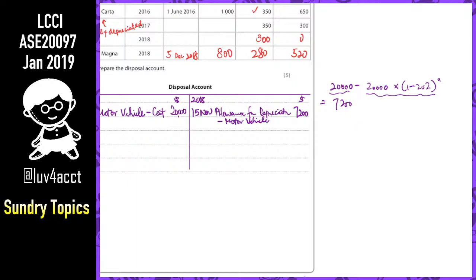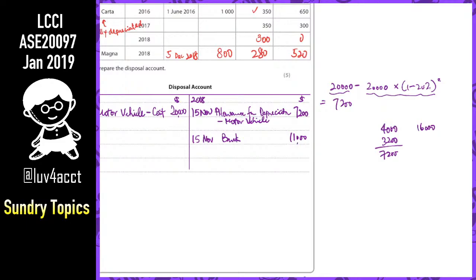We can also verify. The first year, we have 4,000, and the carrying value will be 16,000. 16,000 at 20% will be 3,200. That will give you 7,200, the same. And then the proceeds are 11,000.